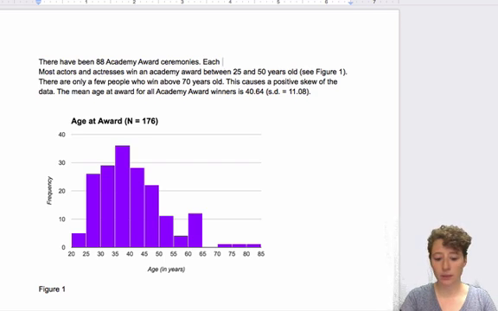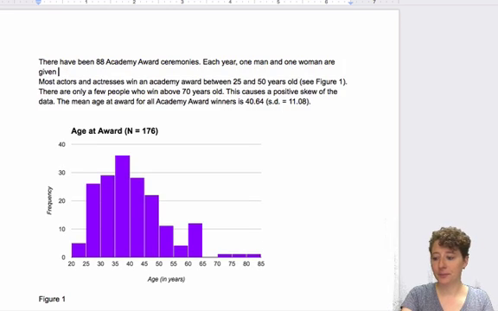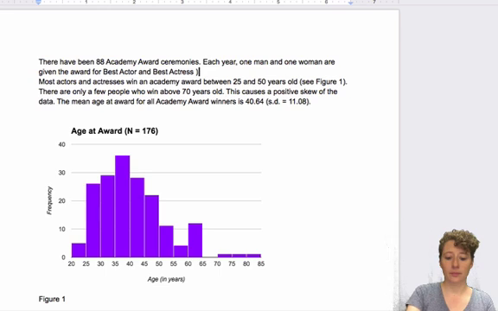So each year, 1 man and 1 woman are given the award for Best Actor and Best Actress. I should put in the group size. Again, capital N, because this is all of the winners that we're looking at here.